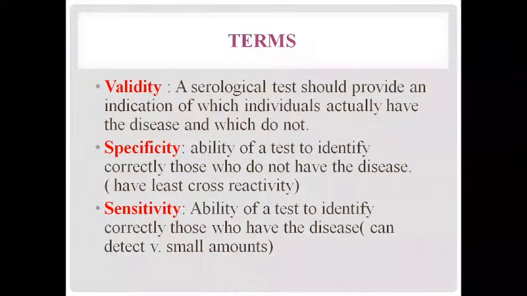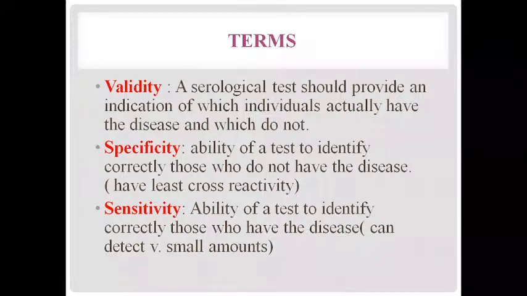Now let's look at the related terminology. Specificity is the ability of a test to identify correctly those who do not have the disease. In other words, the true negatives. So your kit has to have high specificity. In other words, it has to be true to its detection. If people are negative, the kit must report them as negative.